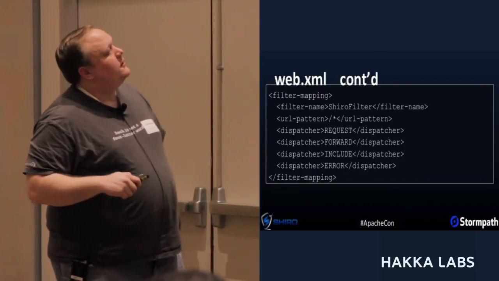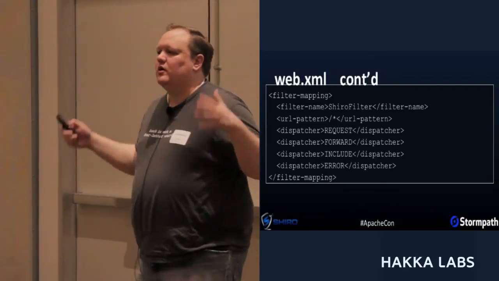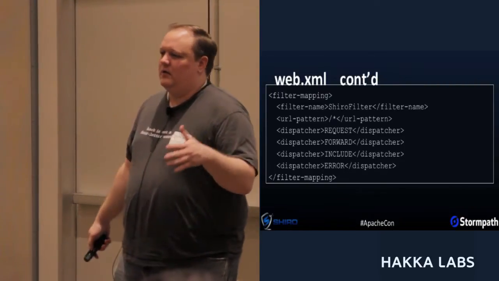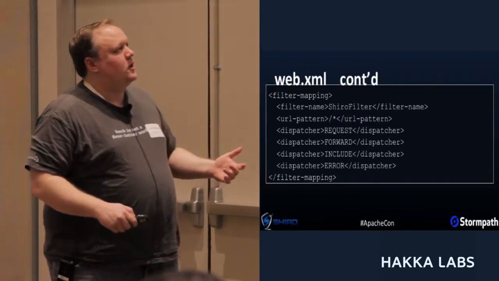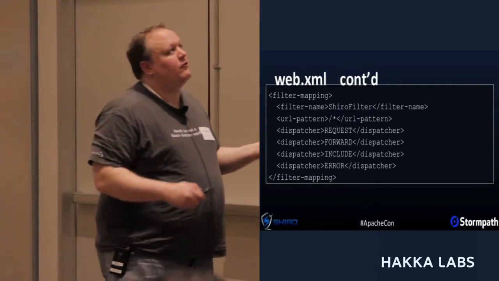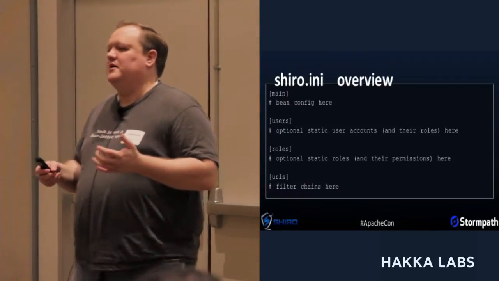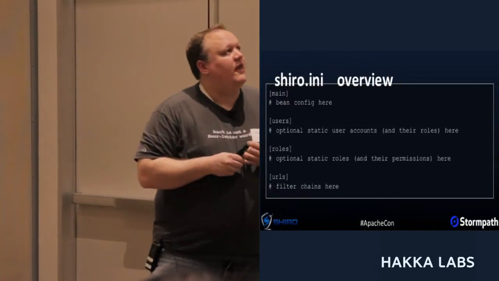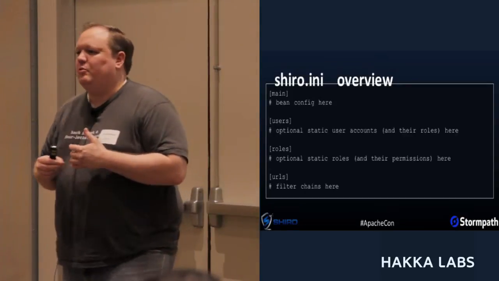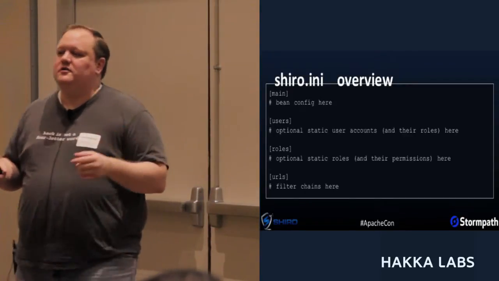Once that's done, instead of embedding all these security rules and configuration into web.xml, which isn't very nice, you can configure Shiro in a number of ways. Out of the box, Shiro comes with an INI-based configuration mechanism that supports what we like to call poor man's dependency injection.